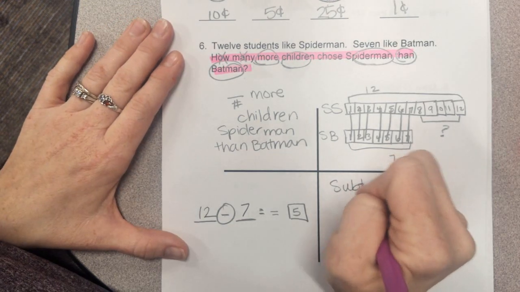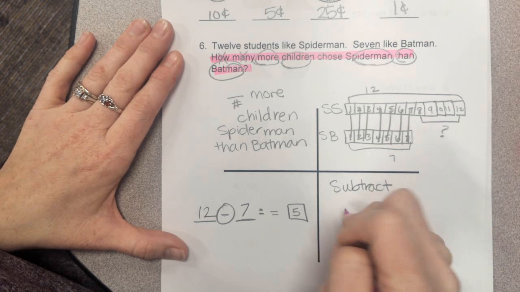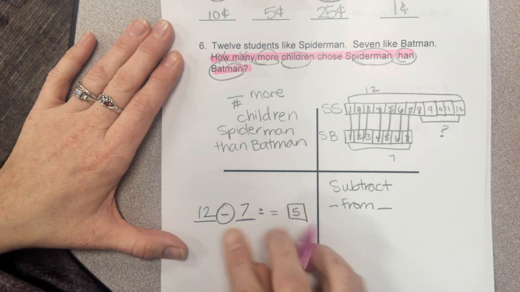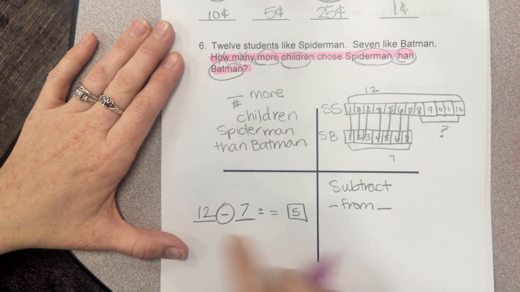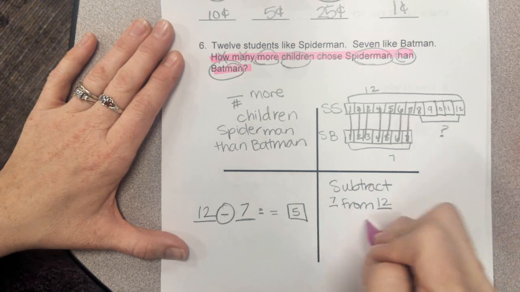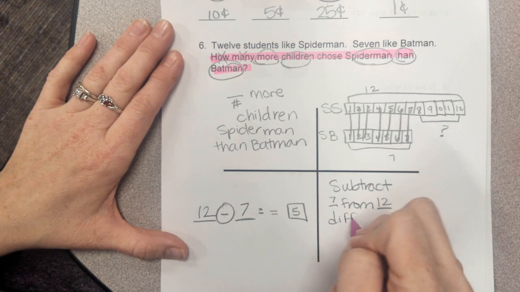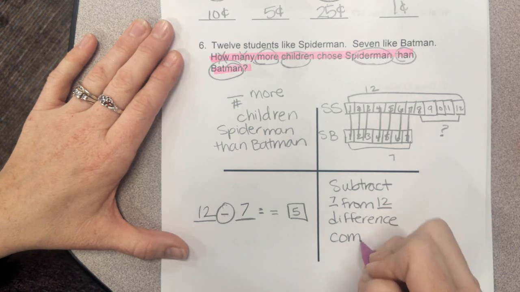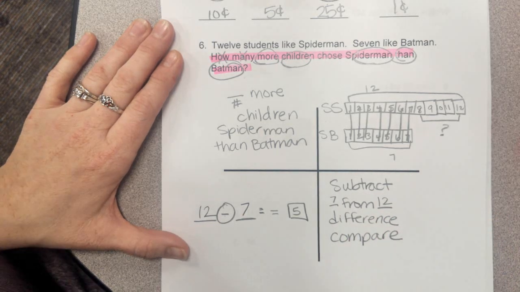Again, it's a subtract, and I say blank from blank. These have to trade places, so I put 12, 7. I also say difference and compare. This is a compare problem.